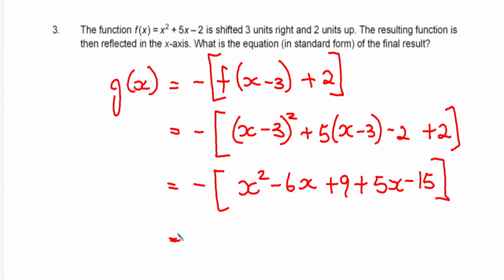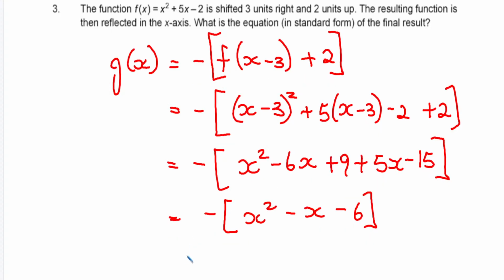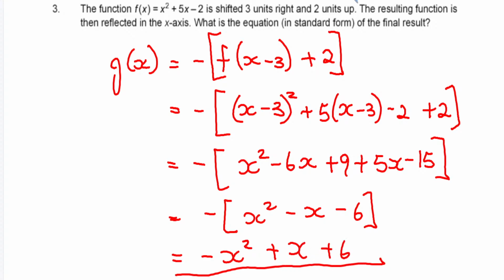We end up with negative of x squared minus x, since minus 6x plus 5x is minus x. We've got 9 minus 15, which is minus 6. Then we reflect it over the x-axis by multiplying by this minus, and we get negative x squared plus x plus 6. And that's question number 3.